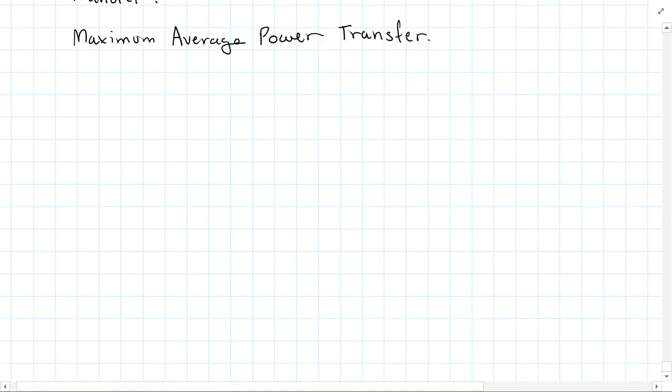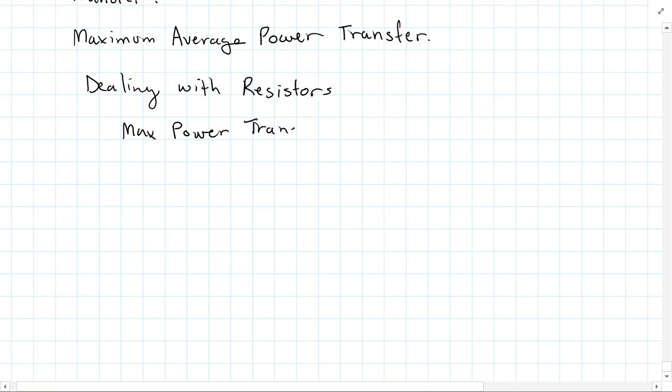If we recall here, when we're dealing with just resistors, we knew that max power transfer occurred when the load resistance was equal to the Thevenin, or sometimes we refer to that just as the equivalent resistance of the circuit.